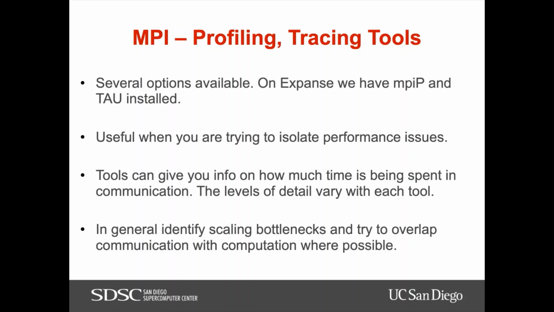And there's also the commercial tool DDT, from Allinea, which has a tool called MAP that basically also does this sort of profiling. These tools are useful if you're trying to find performance issues. They can tell you how much time is being spent in communication, and the level of detail varies with each tool. So this lets you identify bottlenecks and overlap communication with computation wherever it's possible.